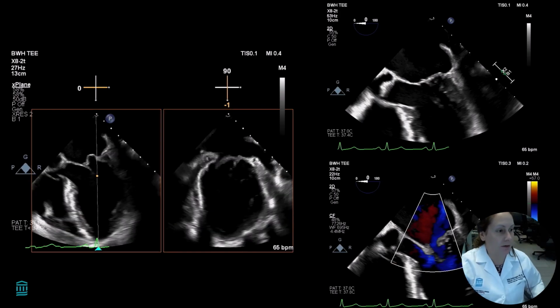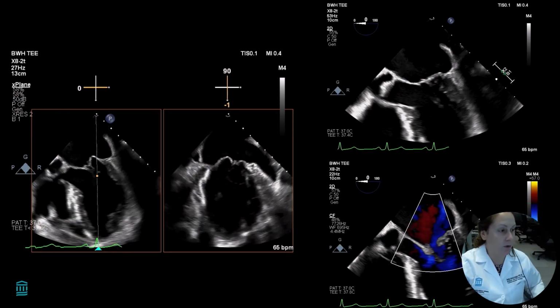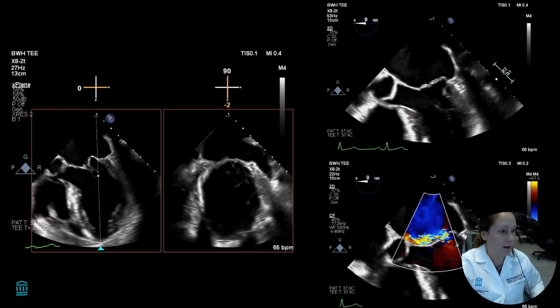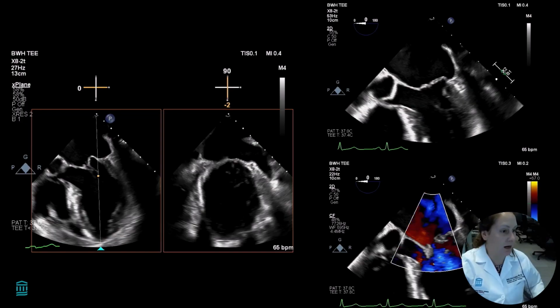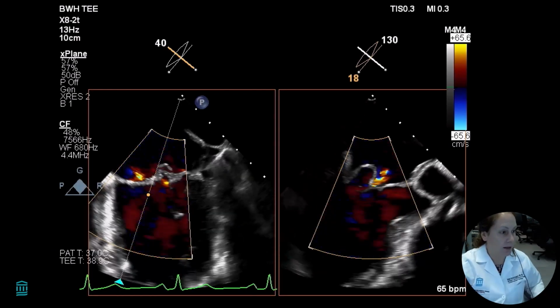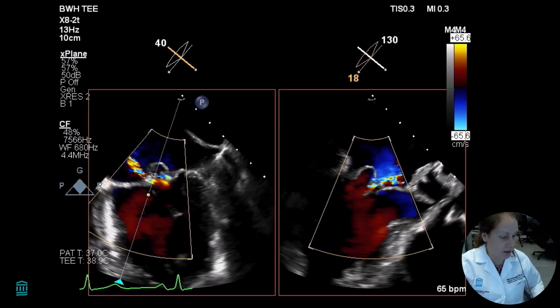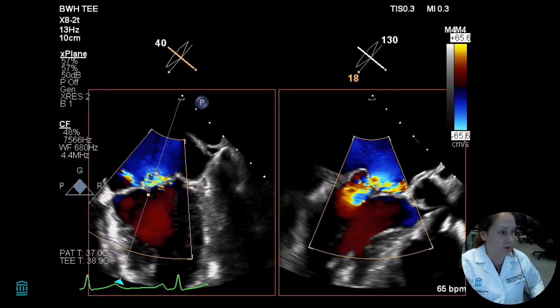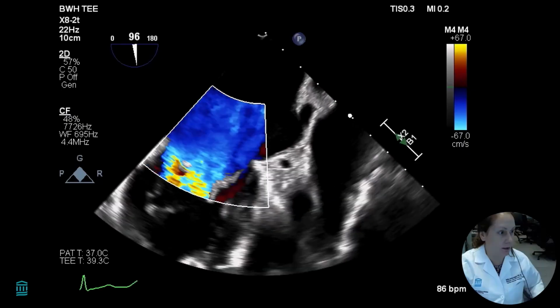As you can see here, there is significant P2 prolapse, and what I'm always doing is X-plane, and then we assess color and color compare in order to see where the largest jet is. Practically this is a very eccentric jet, and here we see that there is this P2, P3 prolapse that gives this eccentric jet going to the anterior corner.